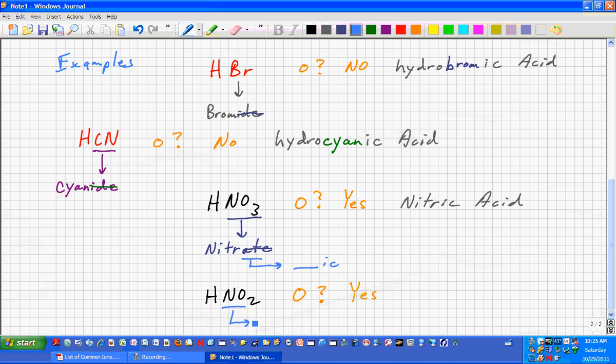This tells me, since it's the nitrite ion, ITE tells me that it's blank us acid. Again, I drop the ITE, and what I get is nitrous acid.